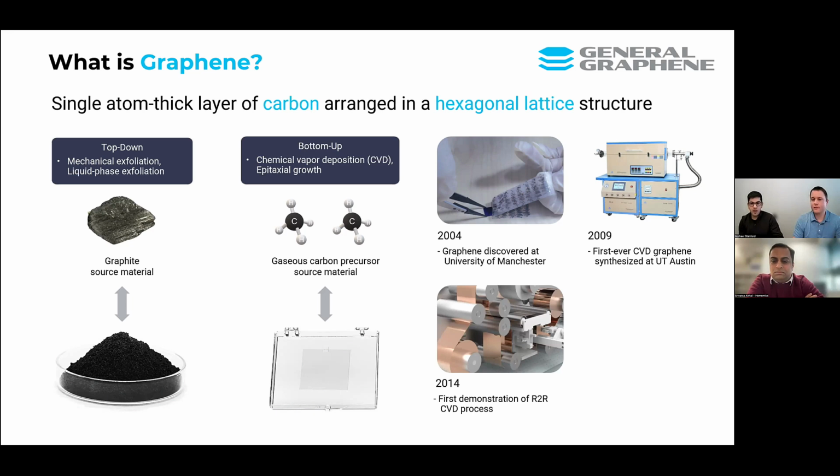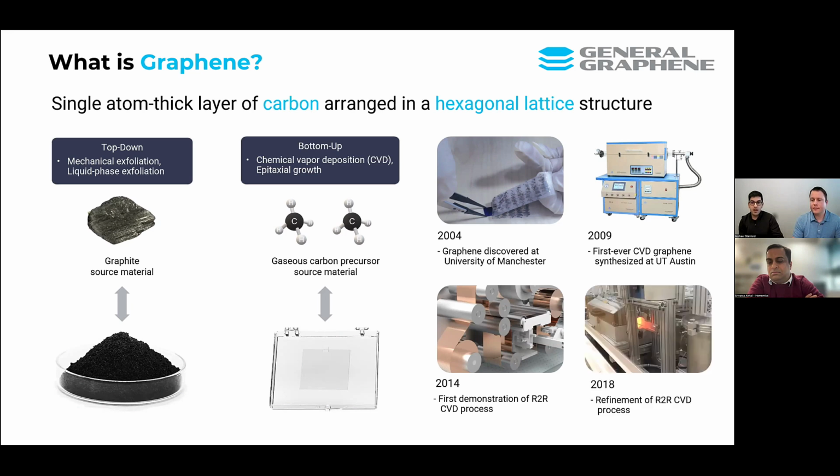And then 2014 is around the time when the first few roll-to-roll demonstrations came to light with Purdue University and several other groups involved in those. And in 2018, we saw this process being further refined and scaled by several research institutions.